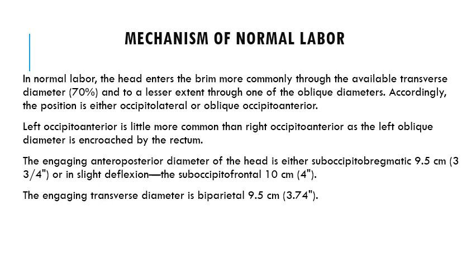The engaging anteroposterior diameter of the fetal head is either suboccipito-bregmatic, which is 9.5 cm, or suboccipito-frontal, that is 10 cm, in a slightly deflexed head. The engaging transverse diameter is the biparietal diameter, which is 9.5 cm.